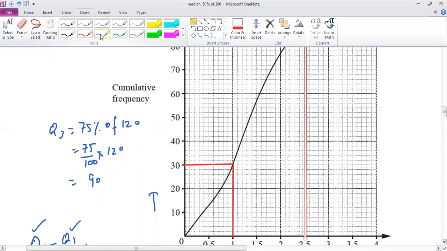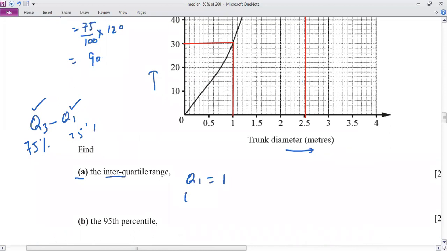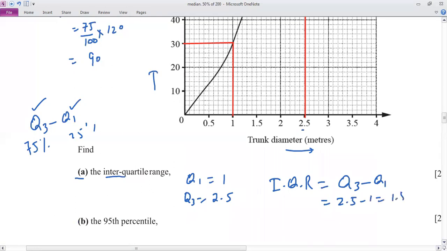So it means what is Q3? Can you tell me what Q3 will be now? It came to 2.5, so it's 2.5. So what will be the interquartile range? The formula is Q3 minus Q1. Q1 is 1, Q3 is 2.5. So 2.5 minus 1 is 1.5.